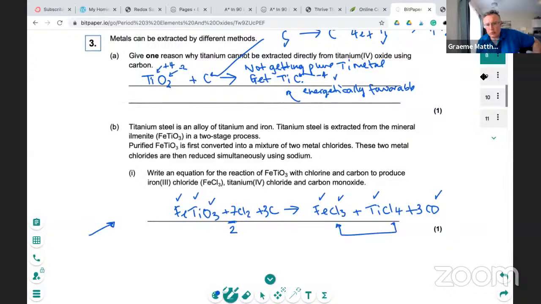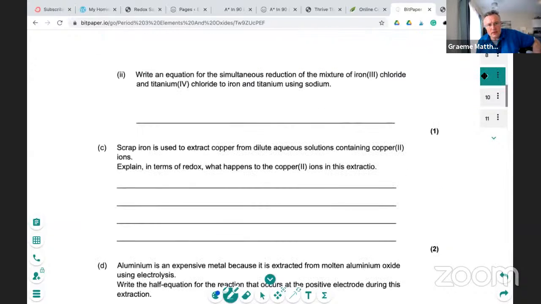All right, so there's this one. It says write an equation with a simultaneous reduction of the mixture of iron 3 chloride and titanium 4 chloride. So hold on, iron 3 chloride, FeCl3, and titanium 4 chloride, or TiCl4, to iron, Fe, and titanium, Ti.